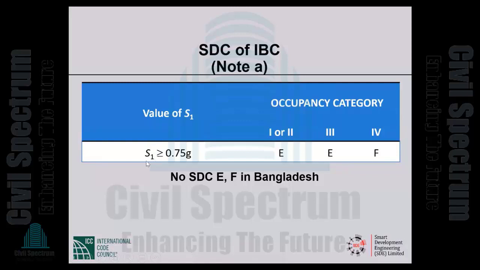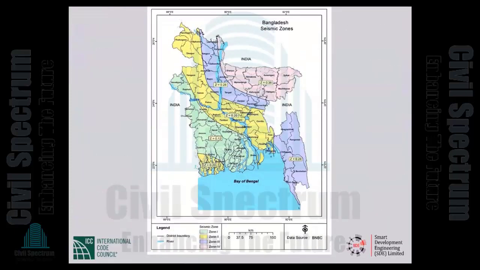If the mapped long period ground motion parameter S sub 1 equals or exceeds 75% of g, which can happen only in the vicinity of known faults that can generate large earthquakes, then non-essential facilities are occupancy category E, essential facilities are occupancy category F. In Bangladesh, you do not have S sub 1 values larger than or equal to 75% of g. So you do not have design category E or F. You have only B, C, and D. Okay, remember that for all time to come: B, C, and D.